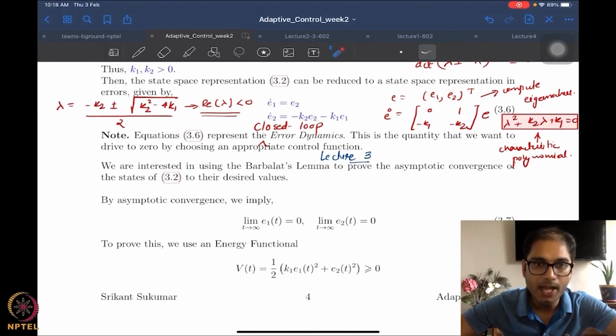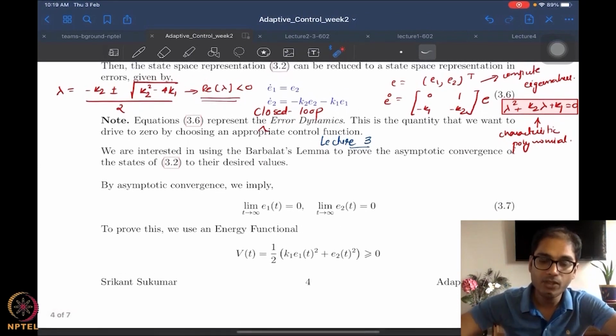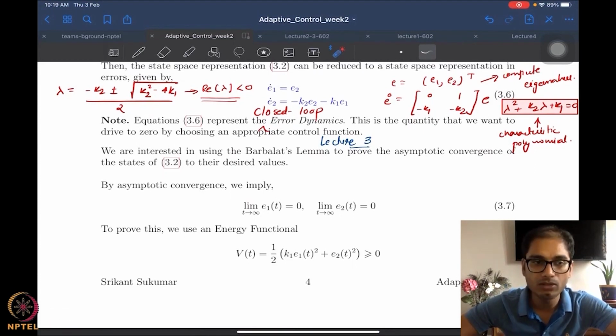And if that happens to be the case, then you are forced to use some kind of potential function analysis, because in those cases your eigenvalue analysis or your Routh-Hurwitz is not possible. They are all tools that can be used only for linear systems. Since that is the case, we of course want to see what to do in the more general scenario, how to do potential function analysis for convergence in the more general scenario.